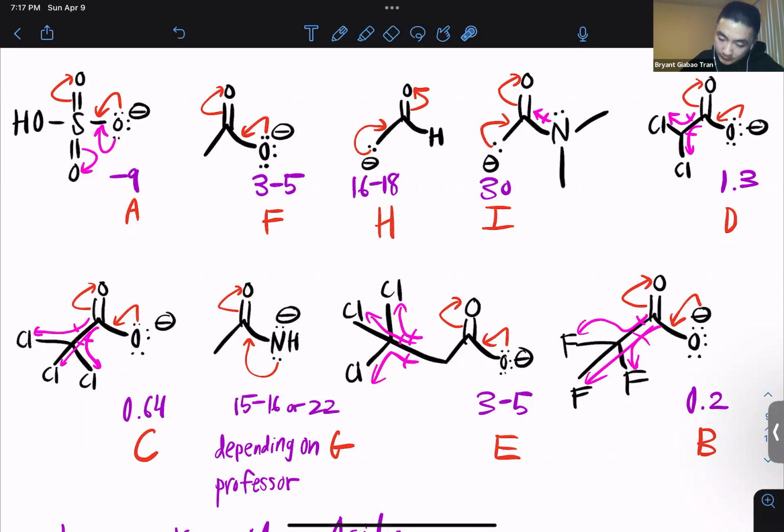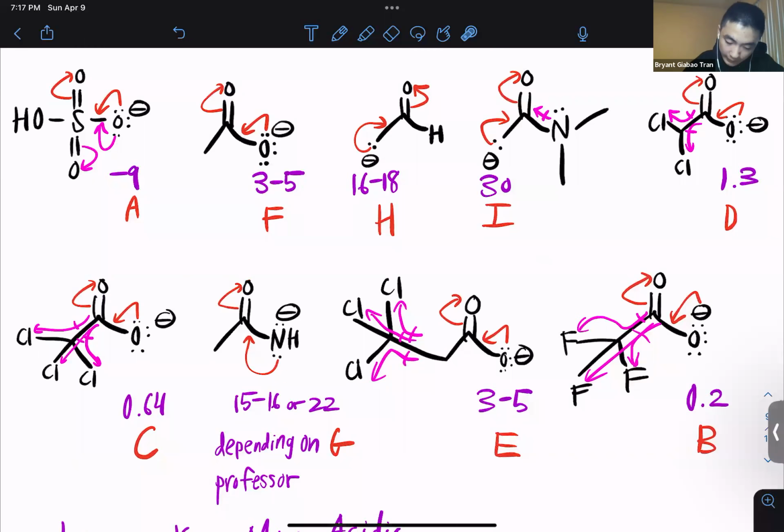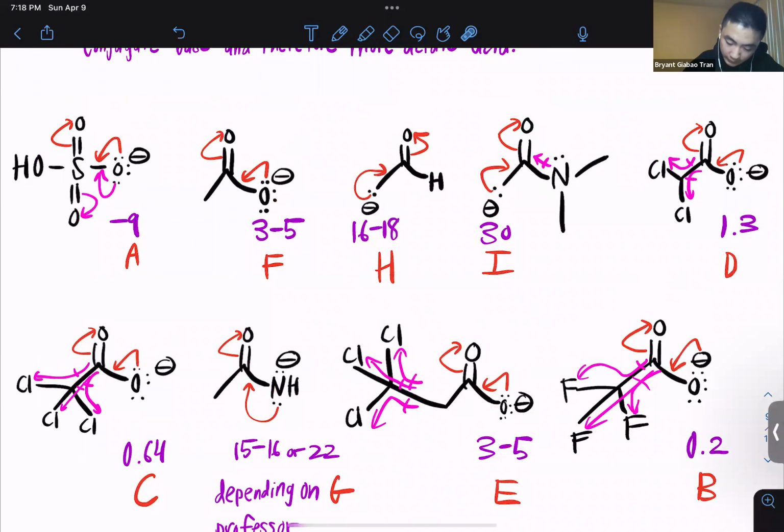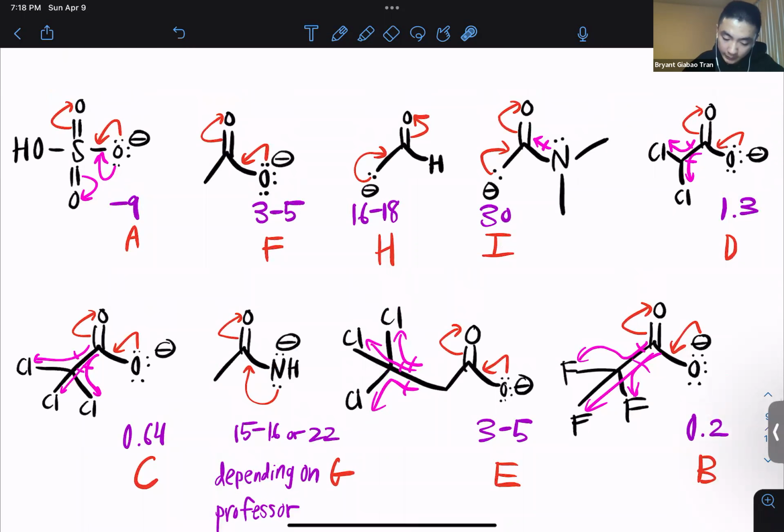Then we will have D. The only difference is that we're missing 1 chlorine compared to C. And then for E, these chlorine atoms are farther away, reducing the inductive effect. And then we see that the pKa of E and F are 3 to 5, which are really similar. So they are similar in acidity.